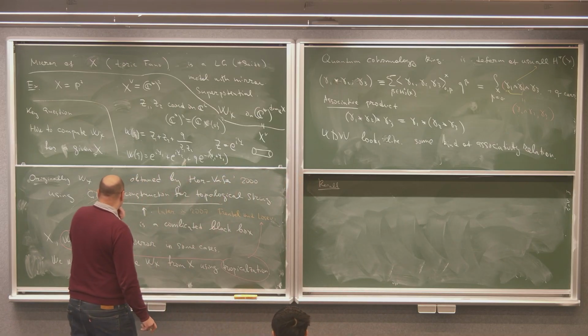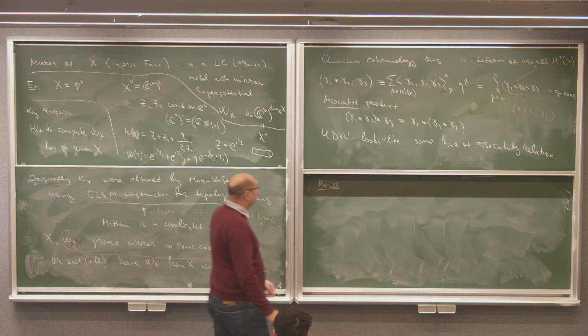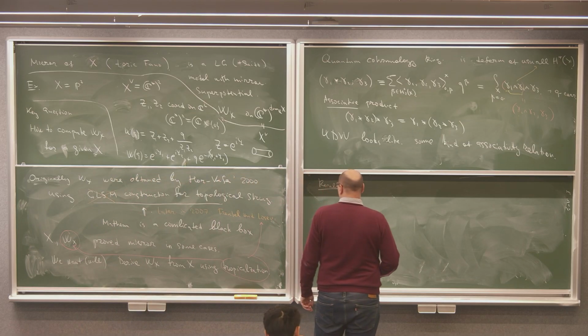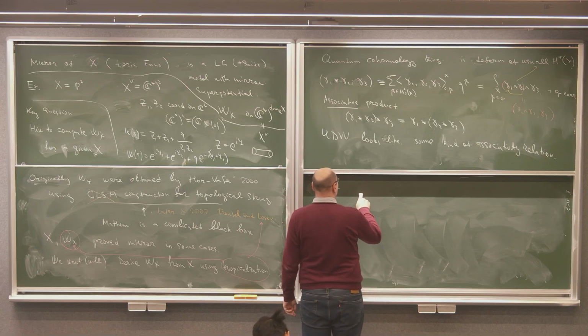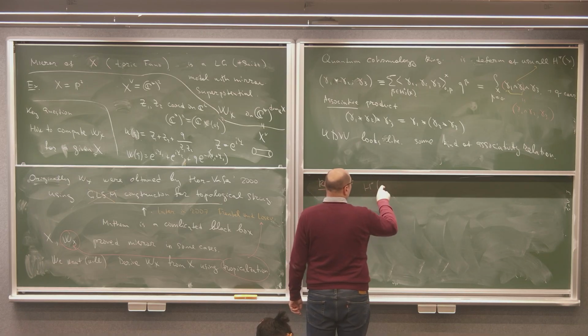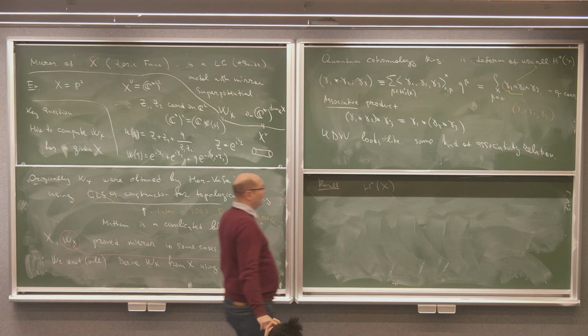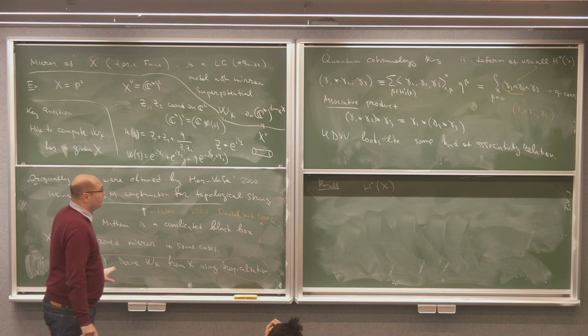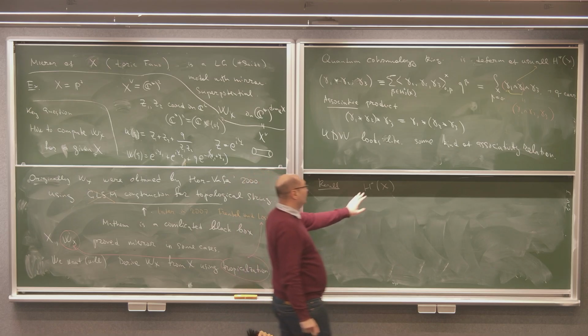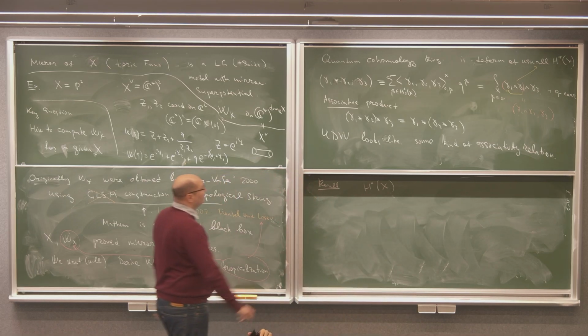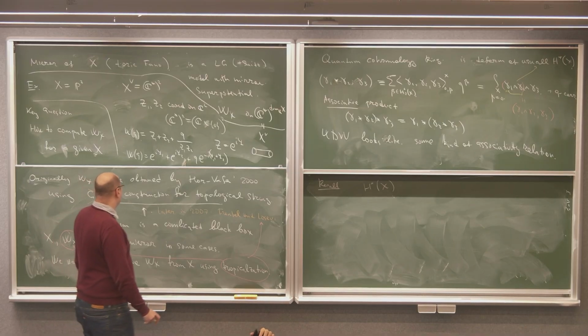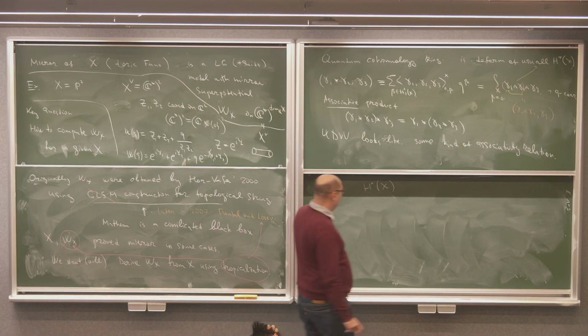So in the case of mirror for toric varieties, we have the following consequence: here we have homology classes on X. Just treat this as a vector space. So we have some sequence of Betti numbers which tell us the dimension of this homology.